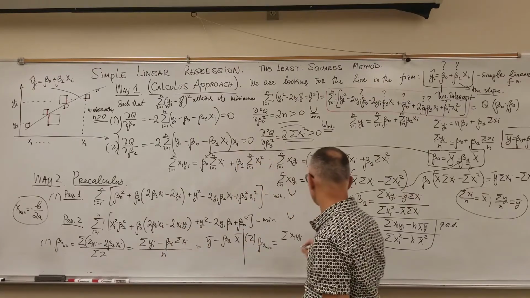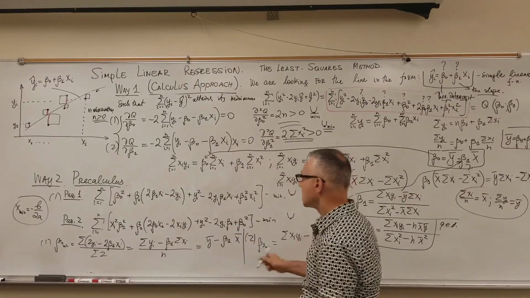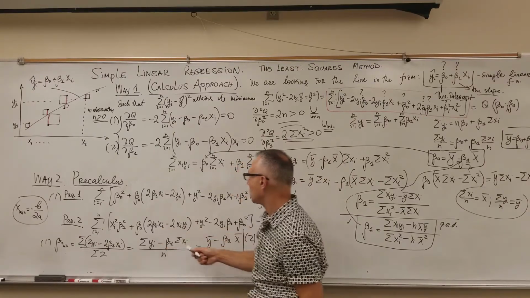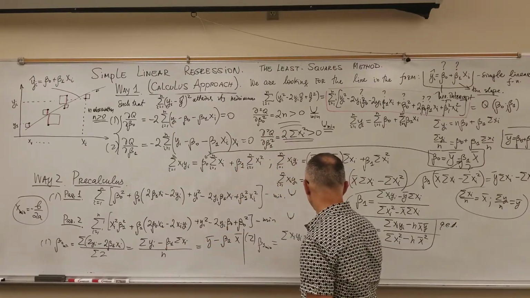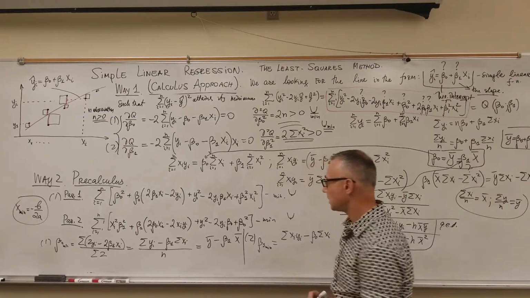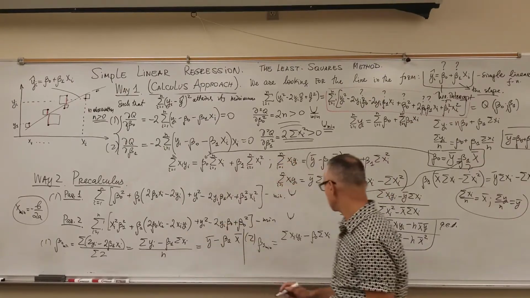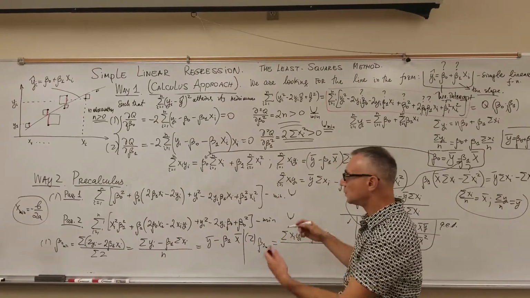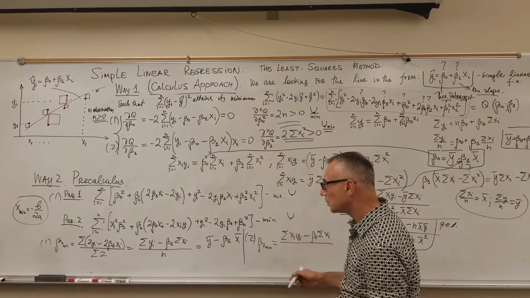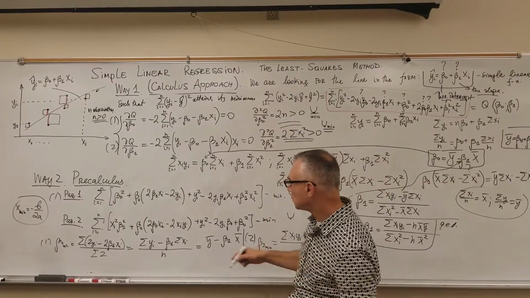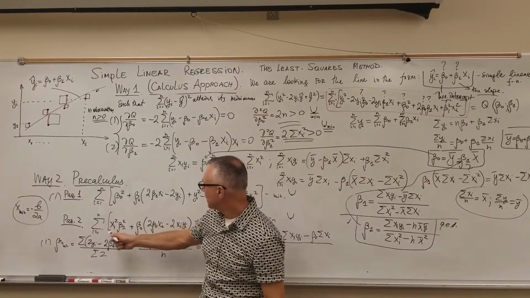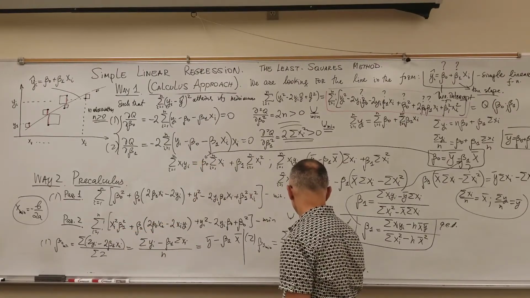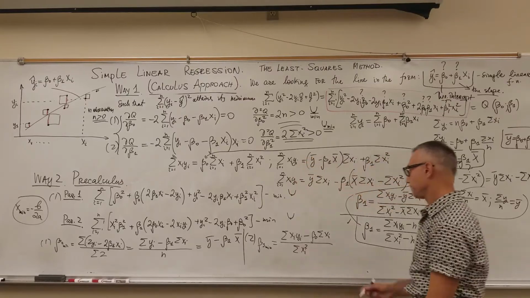So summation of xi yi minus beta 0 times the summation of xi's. 2 is here, 2 is here, divided by 2a, which is the summation of xi's squared.